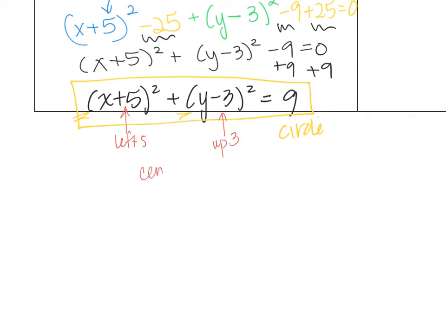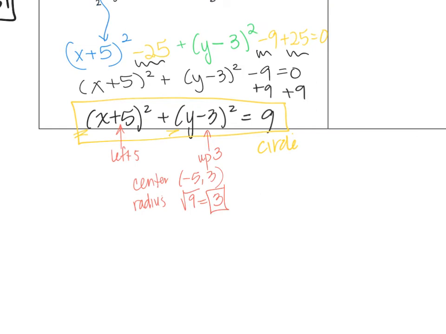So our center will be negative 5, 3, and our radius will be the square root of 9, because 9 is equal to the radius squared, so we're going to get our radius is 3. And it doesn't say that we have to graph it, but if I was going to graph it, I would go to my center, negative 5, up 3, and then I'm going to move left and right 3.